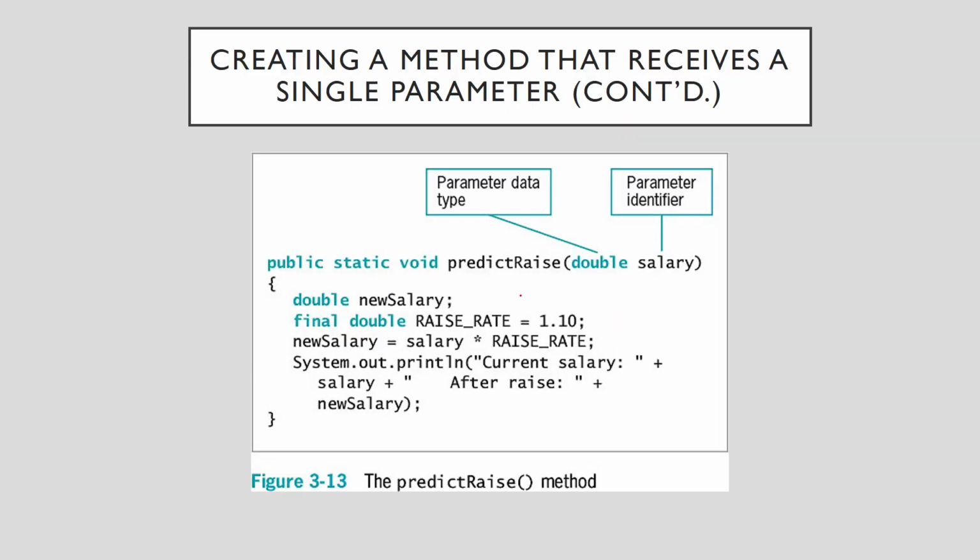Just like this one, the method predict race has one formal parameter. And this formal parameter named salary is of double type. So this single parameter here is expected to receive a value of type double.